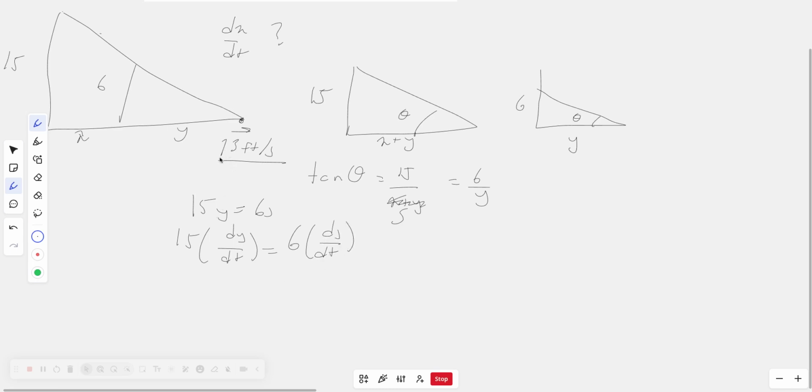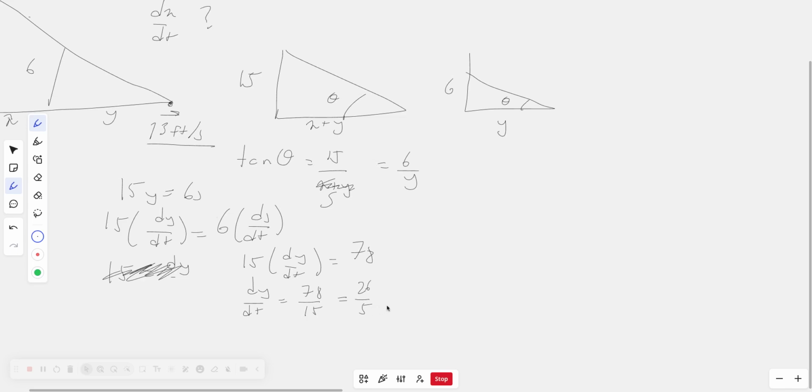And we know that ds over dt is going to be equal to 13 feet per second. So then we can plug that in and we get 15 times dy over dt is equal to 6 times 13, which is equal to 78. And then we can rearrange to get dy over dt is equal to 78 over 15, which is also equal to 26 over 5.